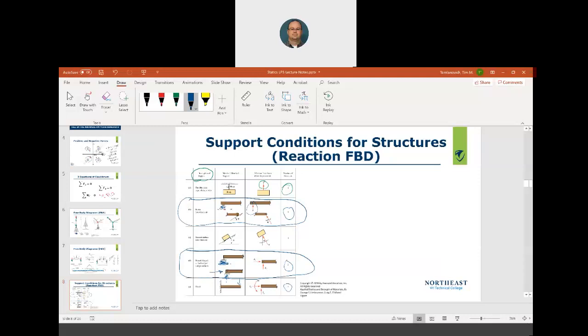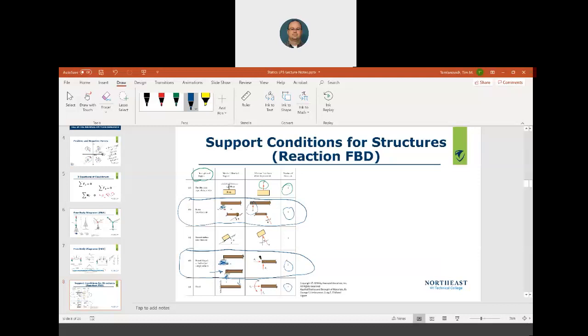So that's where the beam or object is being supported. We need to do this to solve the three equations of equilibrium, okay? So again, we want to understand the roller has one vertical reaction, the pin reaction, right? Knife edge, it's a rough surface, right?